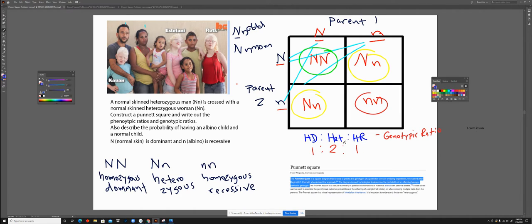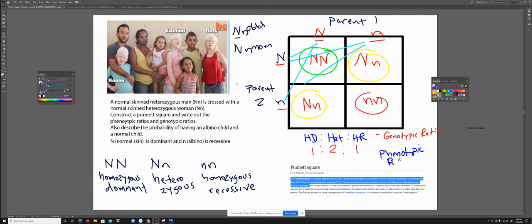Then you're going to do the phenotypic ratio. Phenotypic ratio refers to the physical characteristic that the child is going to have. So let me put it down here.